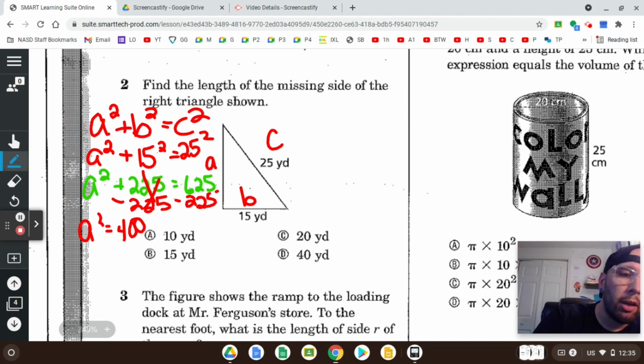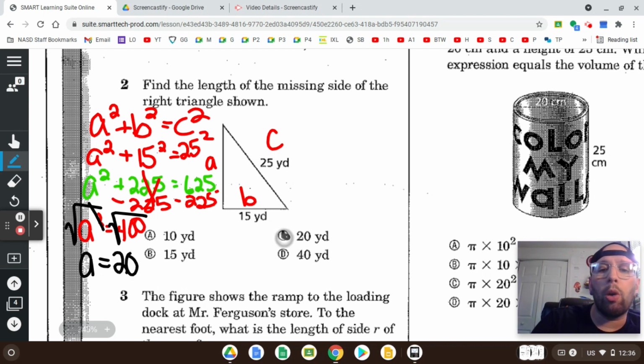Now, usually when I square root both sides to solve an equation, I attach a positive or negative symbol, but I don't here because this is Pythagorean theorem and you can't have negative lengths. So A is not going to equal positive or negative 20. A is just going to be 20, and it's going to be 20 yards. I don't need a calculator for this because the numbers are friendly enough.